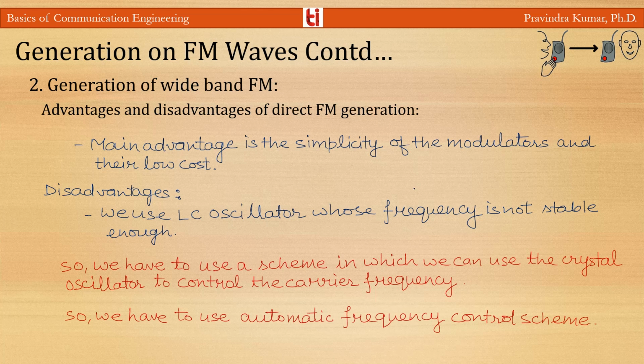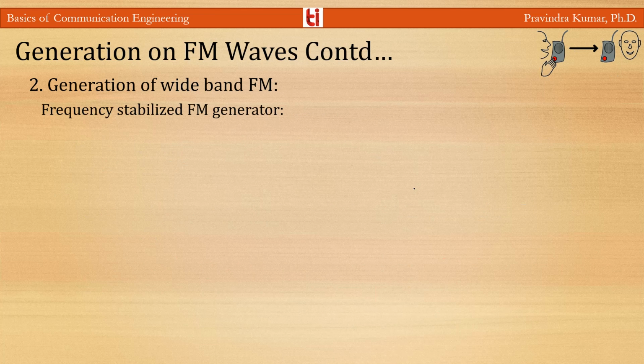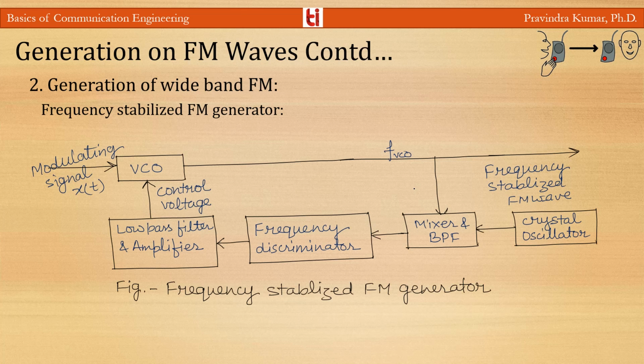So we have to use an automatic frequency control scheme, and here we will discuss the frequency stabilized FM generator, where we will use the automatic frequency control scheme. This is the block diagram of the frequency stabilized FM generator.